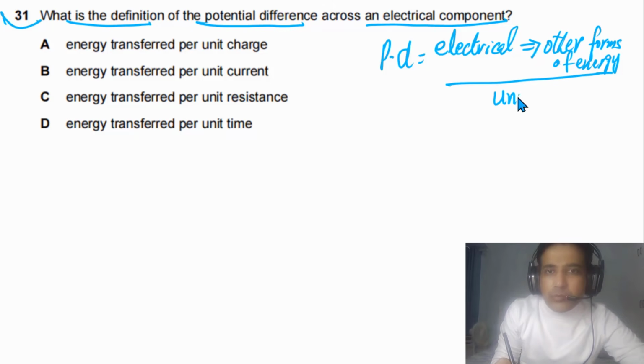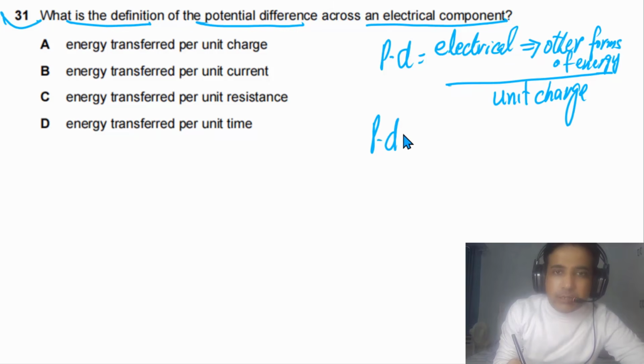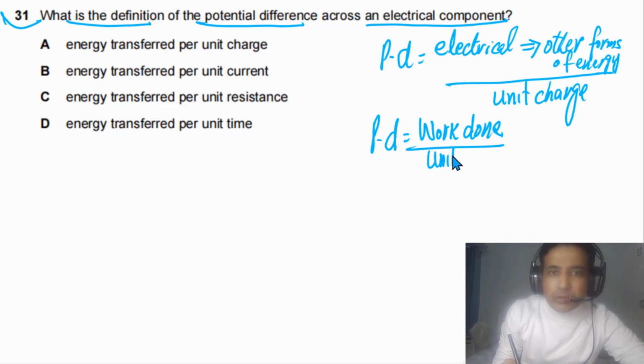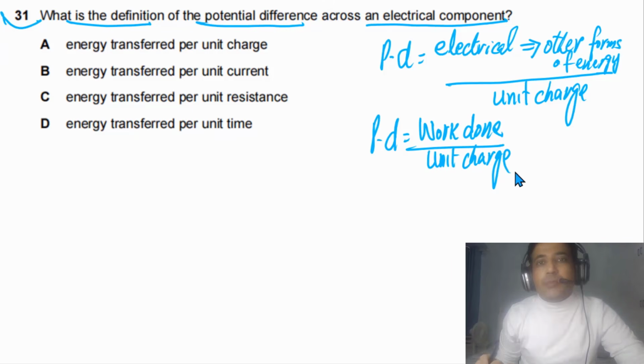So this is how we define potential difference. Or in simple language, you can also say that PD is equal to the amount of work done per unit charge. So this is another way to say PD is equal to work done per unit charge.